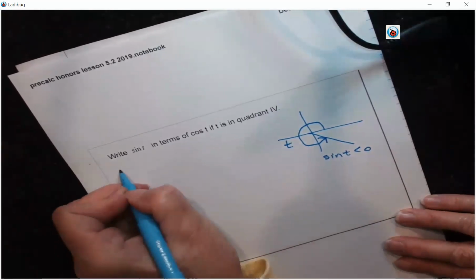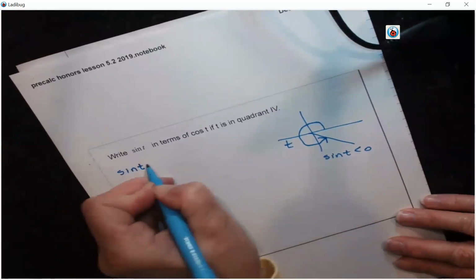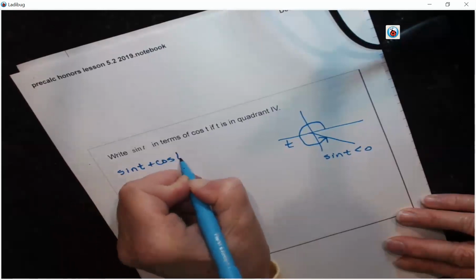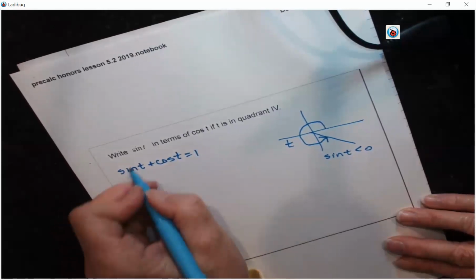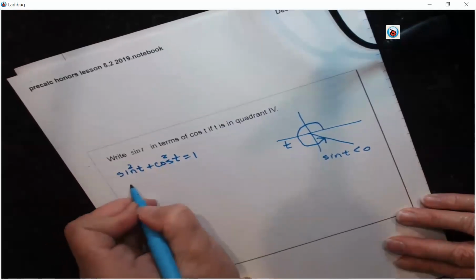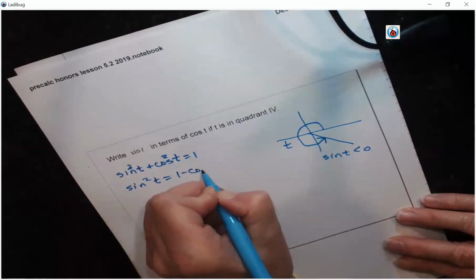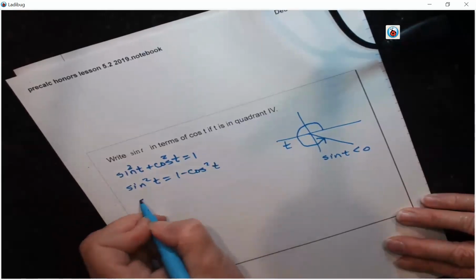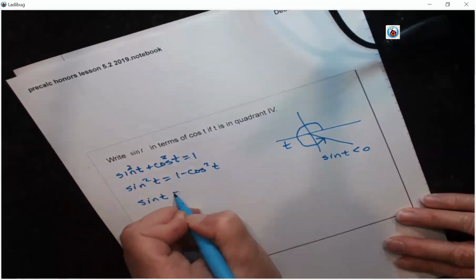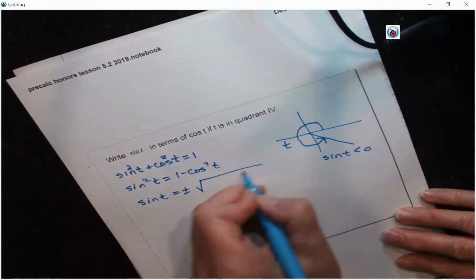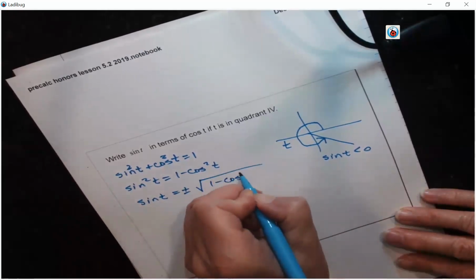I know that sine squared t plus cosine squared t is equal to 1. So sine squared t is equal to 1 minus cosine squared t, and sine of t is equal to plus or minus the square root of 1 minus cosine squared t.